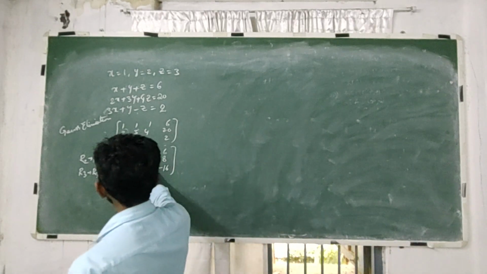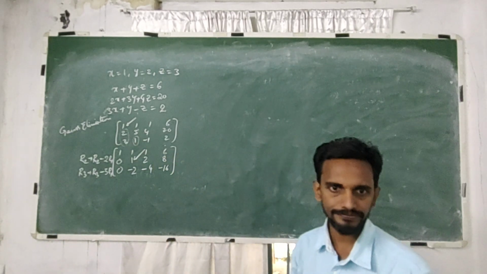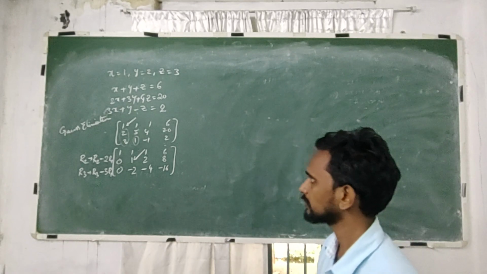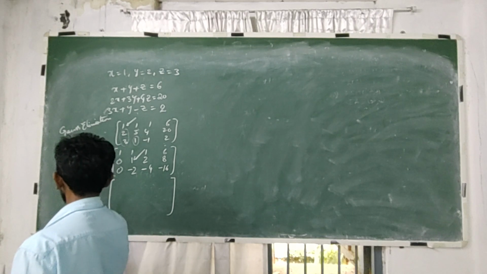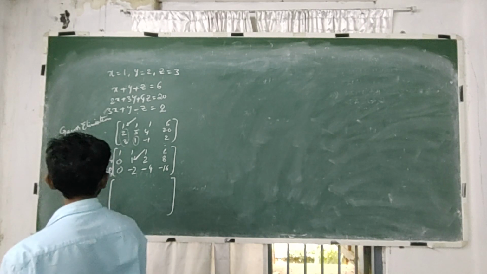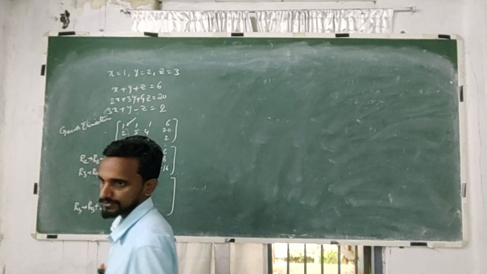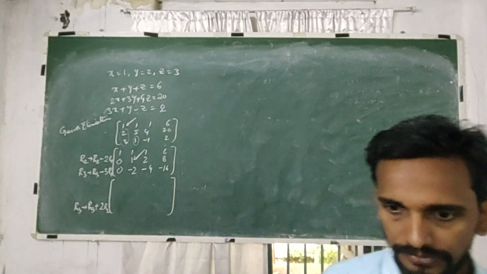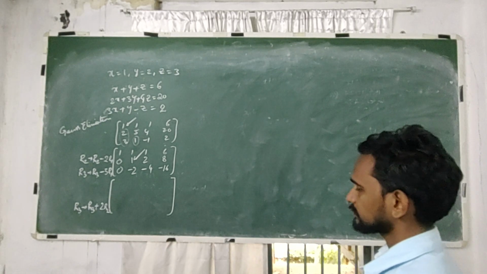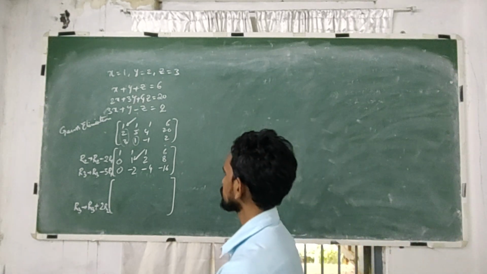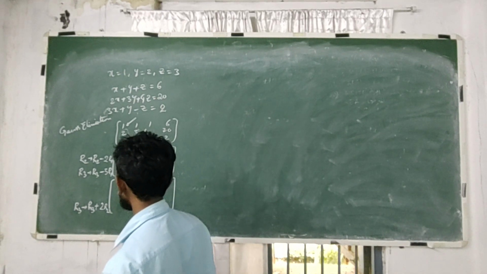Same way, now I have to consider this as a pivot and I have to make other elements 0 below it. So here the row operation is R3 plus 2R2. I will multiply the second row twice and add to the third row.